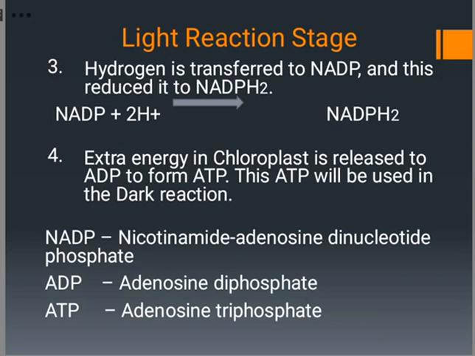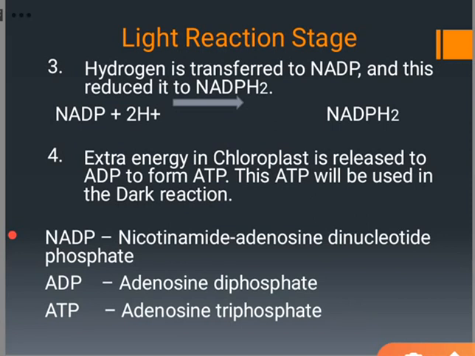The full meaning of NADP is nicotinamide adenosine dinucleotide phosphate. And this nicotinamide adenosine dinucleotide phosphate receives hydrogen ion, and it reduces it to NADPH2.